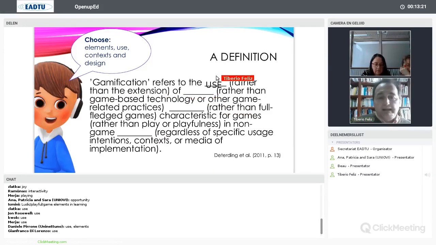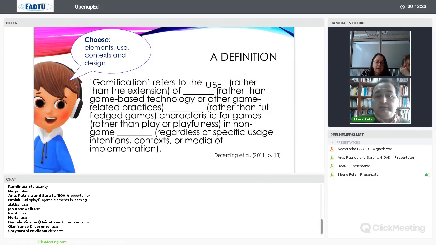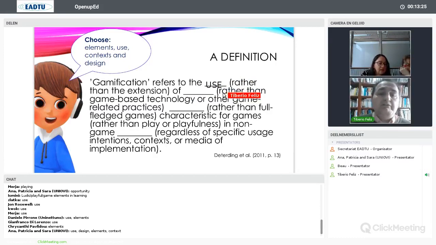And after, the use of something rather than game-based technology. Okay, so if we have already used "use," so "use" is already used.